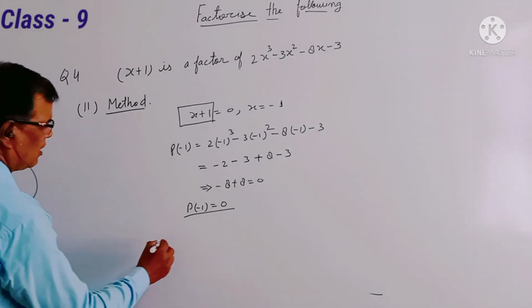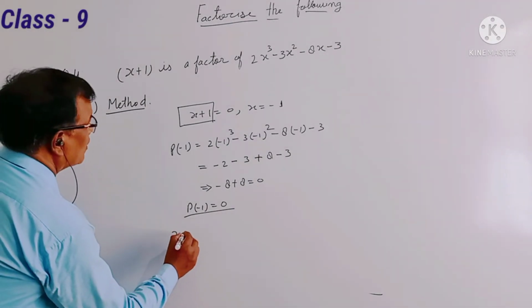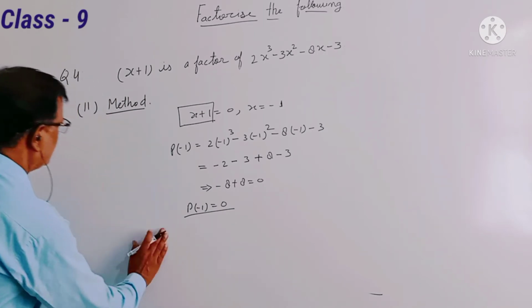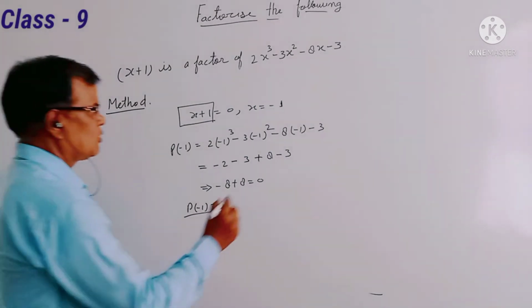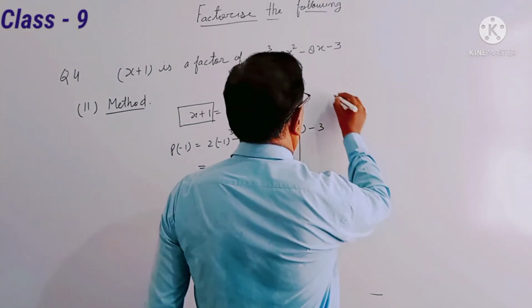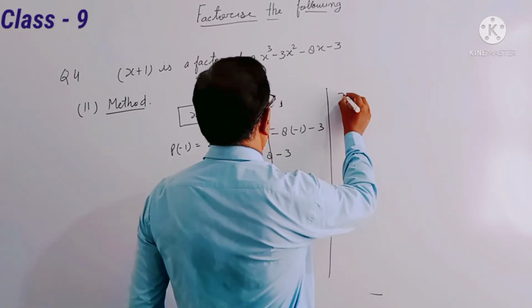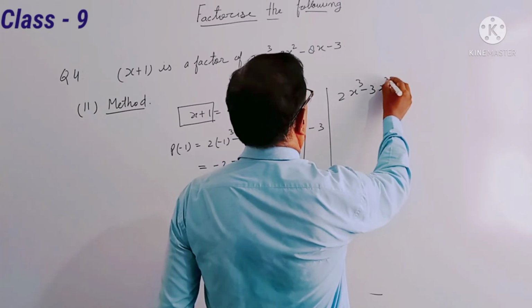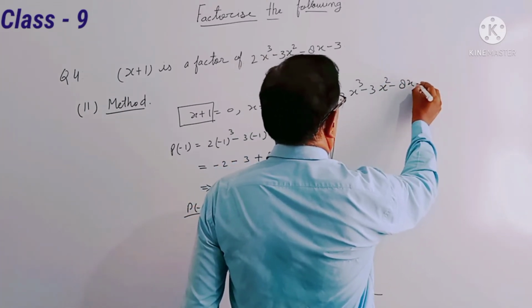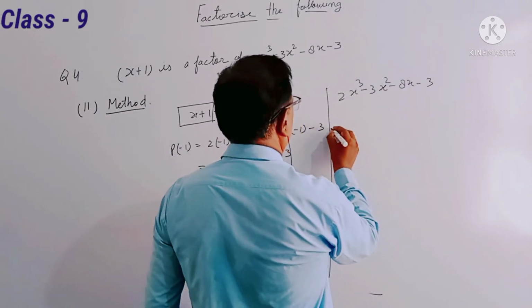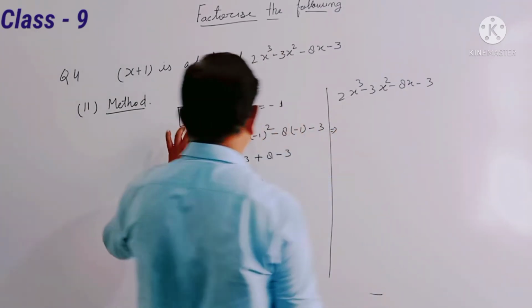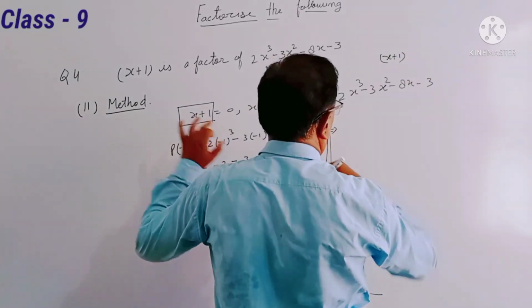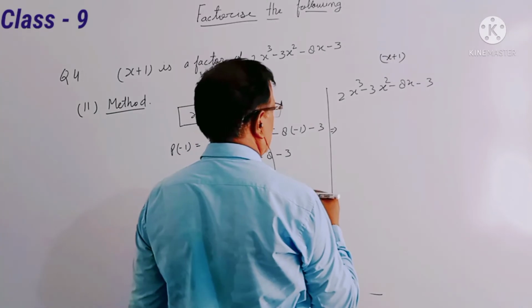We arrange it as 2x cube minus 3x square minus 8x minus 3. Now we are going to arrange it, and the common should be x plus 1.